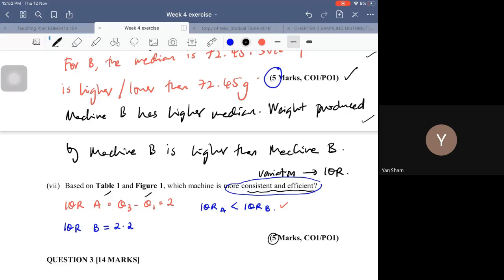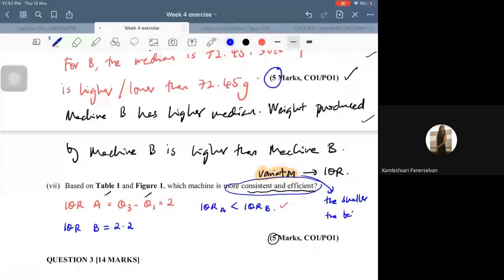Machine A. Remember, when it comes to variation, standard deviation, or variance, the smaller they are, the better it is. So the same goes for variation as well: the smaller the better.